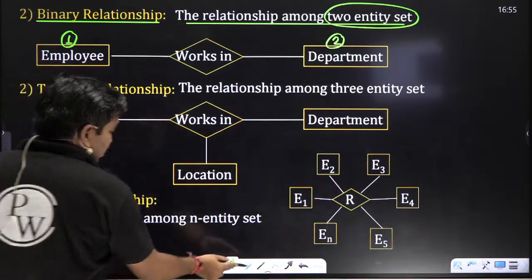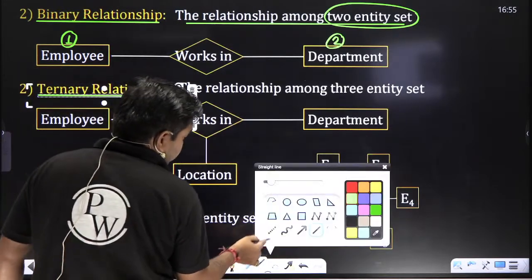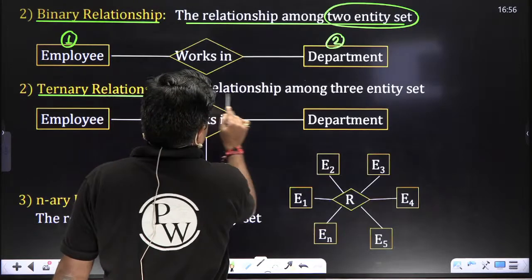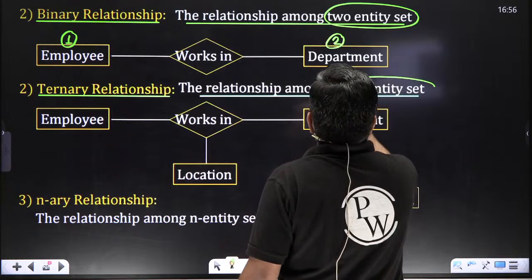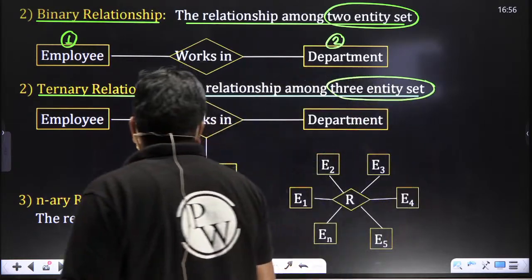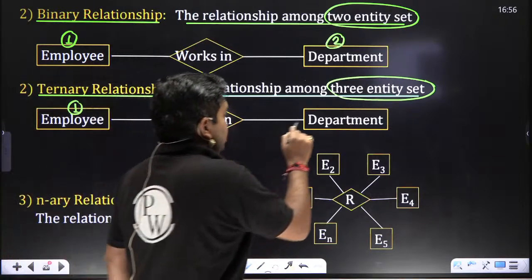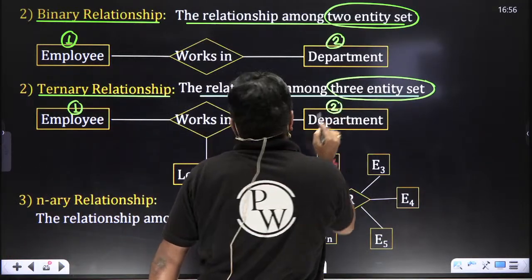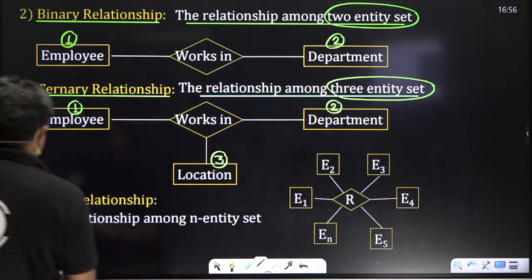Next, third one, ternary, the relationship among three entities, like employee first, department second, location third. Three entity sets.